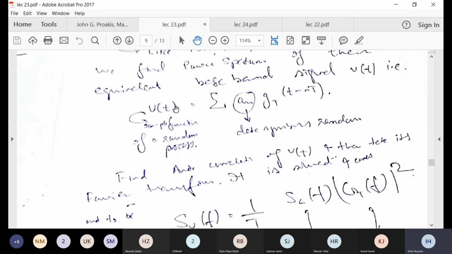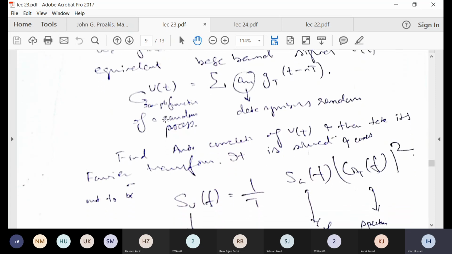So your V of t is now a random variable, and as a time domain function this will become a random process. I want to find the spectrum of V of t, the power spectral density of my stochastic or random process.